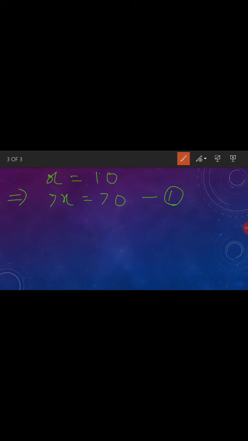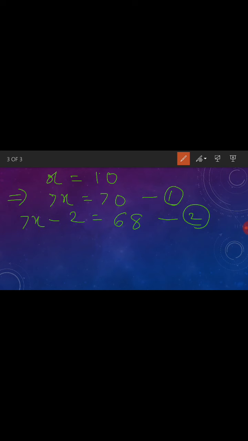Now what will you do? You will subtract 2 from both the sides. So it will be 7x minus 2 equals 70 minus 2, which is 68. This is your second equation. For this also you can multiply both the sides by 2.